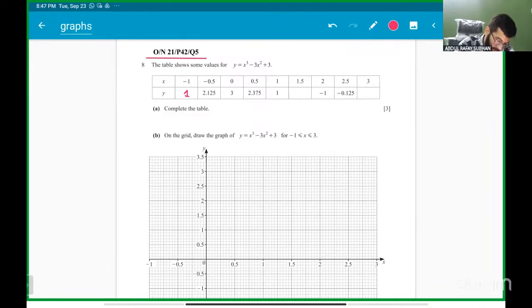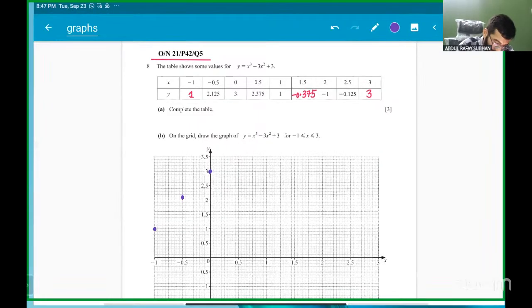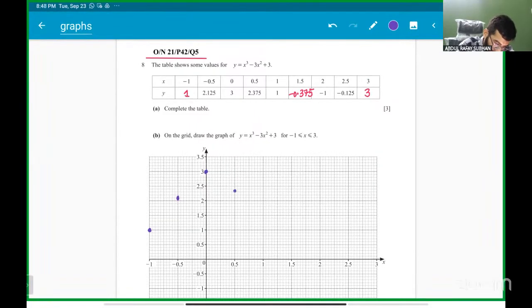Let's make the graph: -1 by 1, negative 0.5, we are getting 2.125. So 2.125, let's take it here. When x is 0, y is 3. And when x is 0.5, y is 2.375. When x is 1, y is 1. And 1.5, negative 0.375.